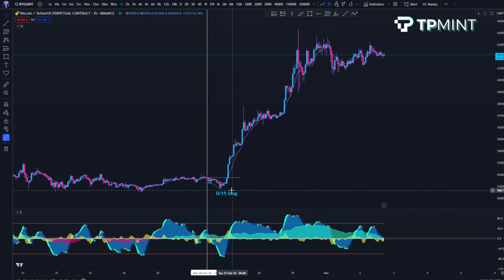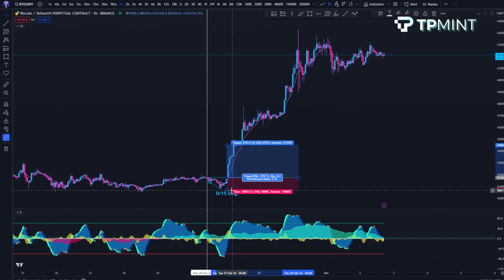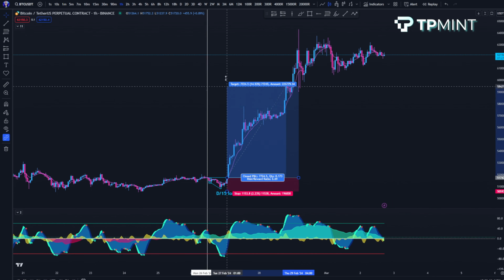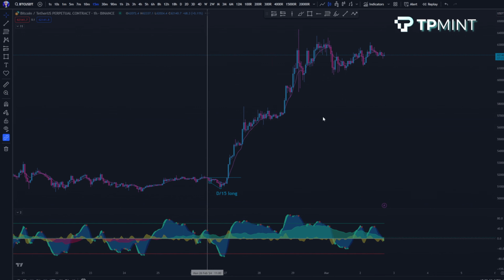Price was also under the daily open for the Monday, and then both on the 15-minute and on the 1 hour time frame, we had the wave on Market Cipher B hitting the oversold level, which is negative 60, and then on the 1 hour you would have entered here as a weekly 1 hour long position where the body of the candle is closing above the EMA. Not sure what your stop size is for Bitcoin, swinging the low with some buffer perhaps. It was such a perfect position and we missed it, so very sad.